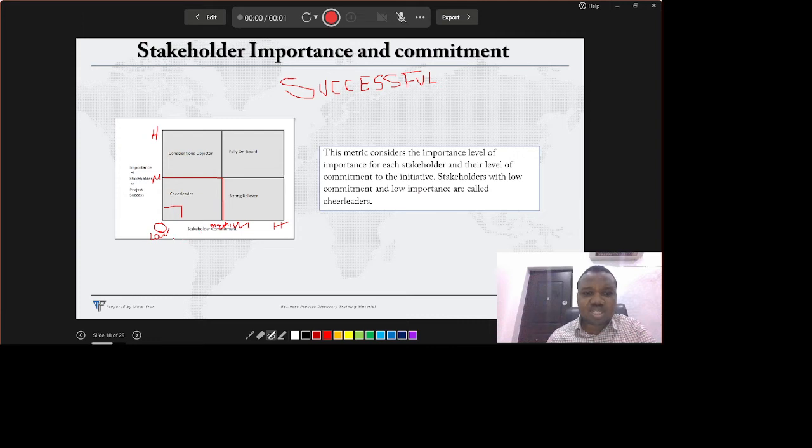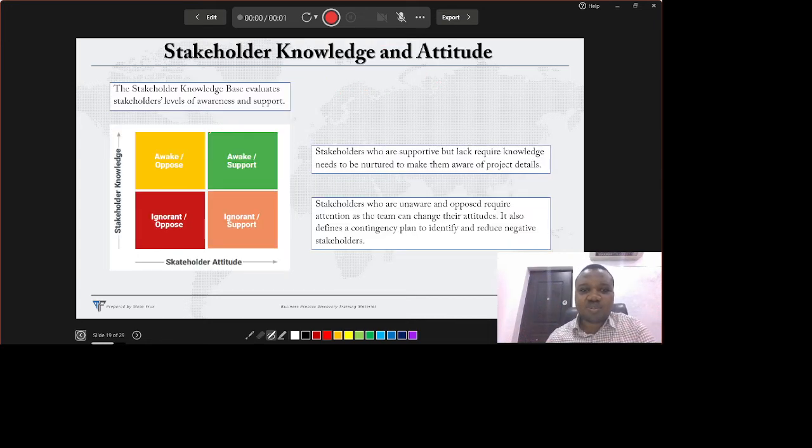Then we have people whose commitment level is very, very high, but their importance to your project success is in between low and medium, and they are strong believers. Then we have people whose importance level is extremely high and whose commitment level is very high too. They must be fully onboarded. You understand? So just bear that in mind, and that helps you to critically deal with those people.